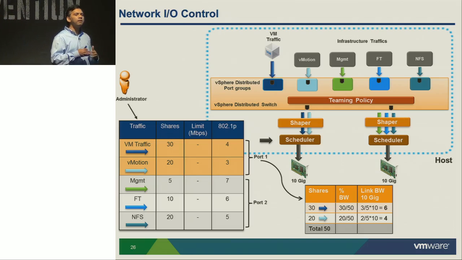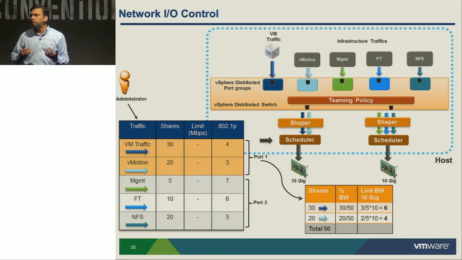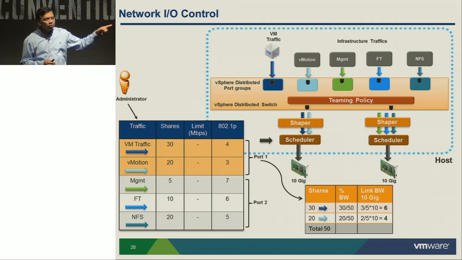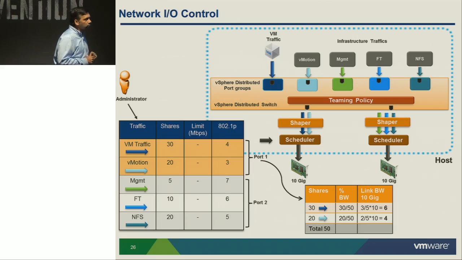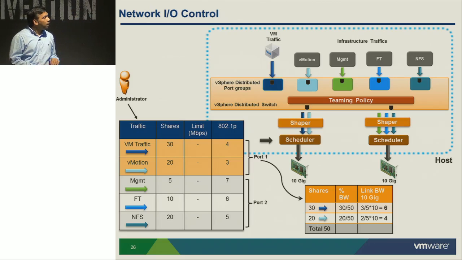This happens only when there is contention. That means when vMotion is trying to pump traffic as much as it can, and similarly, virtual machine is trying to pump traffic as much as it can. In that scenario, the scheduler layer is going to make sure that virtual machine traffic will always get 6 gig, and vMotion will always get 4 gig, not more than 4 gig.